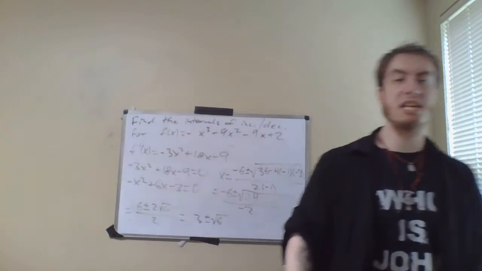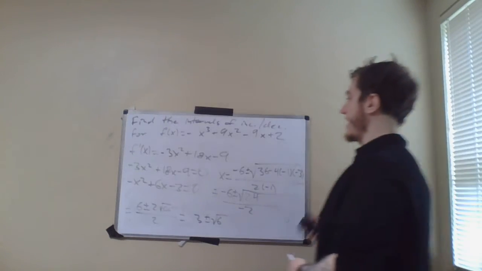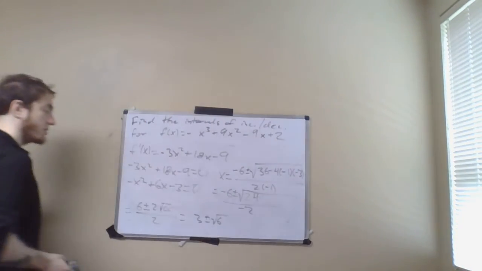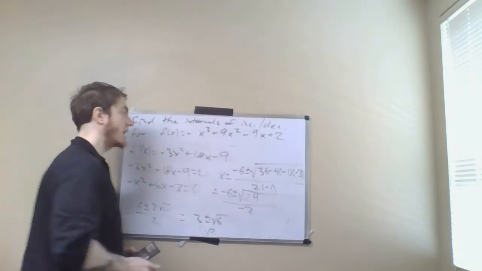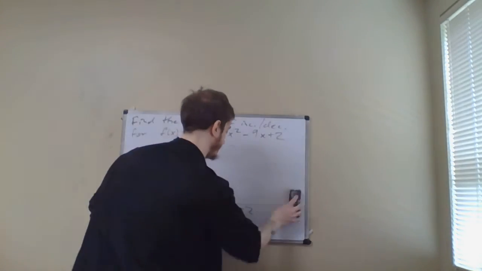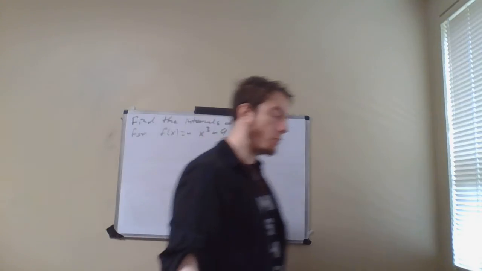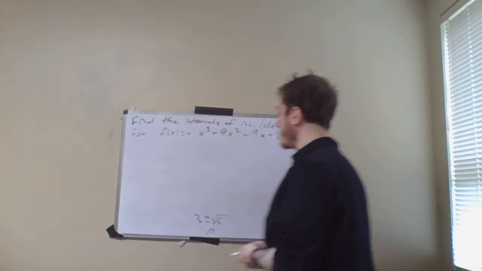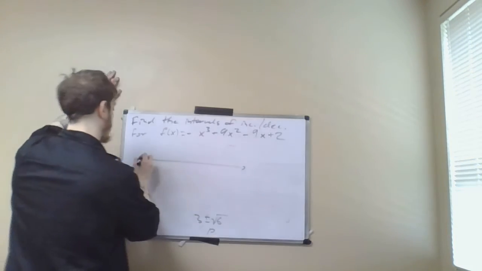Now it remains to be seen what happens at these critical points and where the intervals of increase and decrease are. But for the moment, let's just set aside that these are our critical points and take a moment to make sure you have this written down because I have to erase it. And now on our number line, we are going to put our 2 critical points.